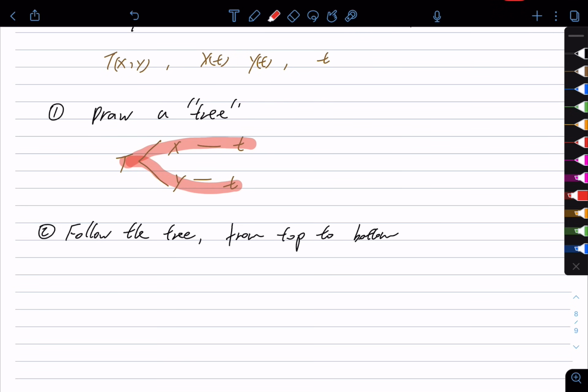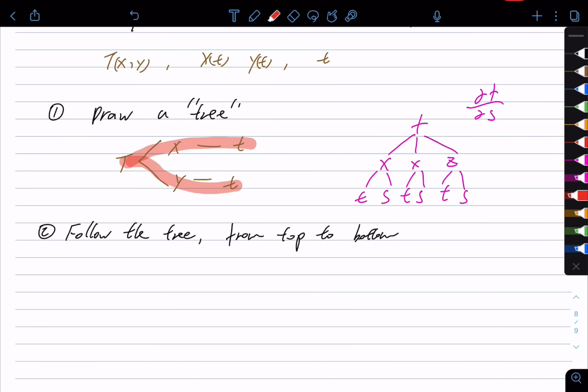This is a very simple example. But what if we have a function f of x, y, z, and then x, y, z depend on t and s? What if I want to find partial f, partial s? We're going to do the same thing and just trace them down.